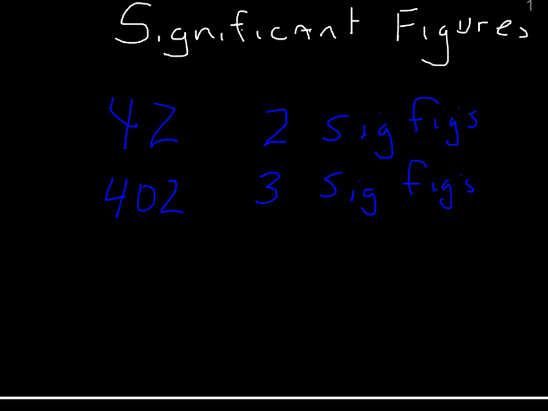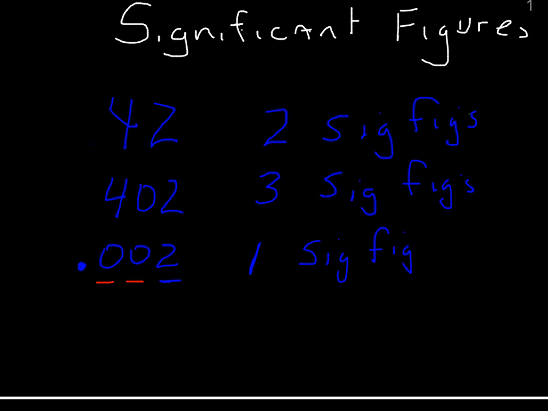If I have this number, 0.002, these zeros are said to be uncertain. I could show you in class why that is, maybe a little later. It has to do with the units, but the only significant figure in this value, 0.002, is the last one. So there is 1 sig fig in that number.